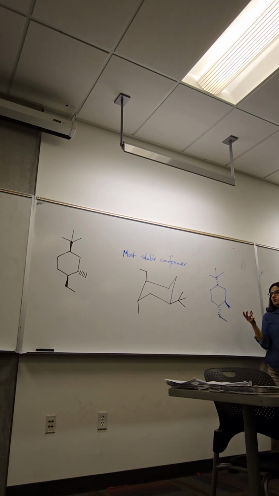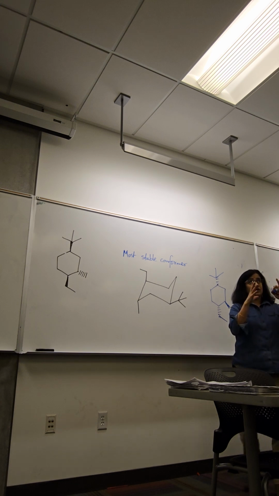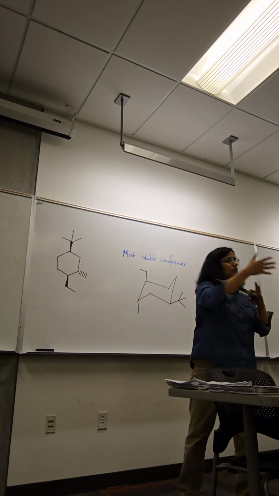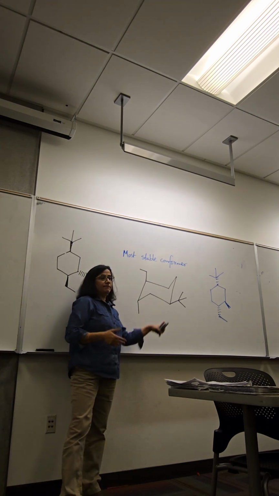That's why I said typically we do that. That's not a rule at all. Wedges and dashes are more specific about coming out towards you or going away from you. That information we don't get from here.